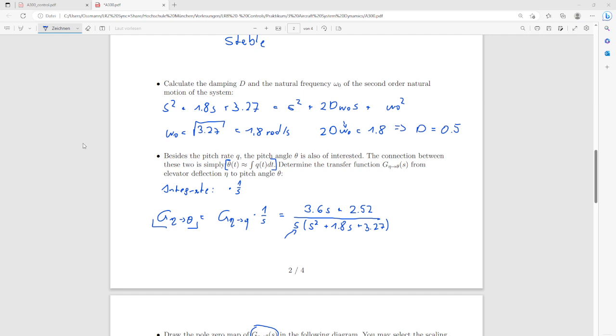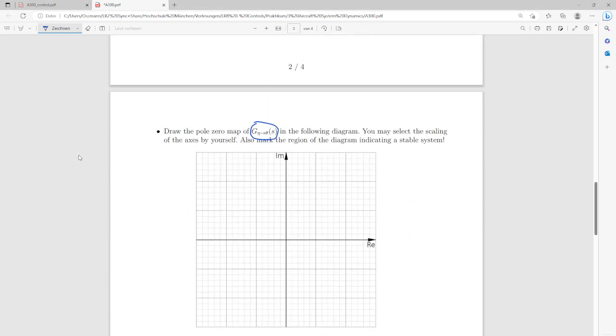Okay, so our poles were actually at minus 1.8, so we can actually select the scaling here. So we're going to say minus 1, minus 2, and we're going to select 1, 2, minus 1, minus 2.